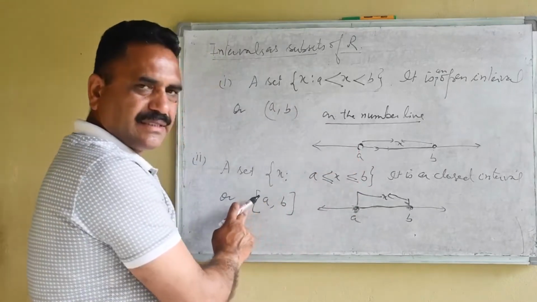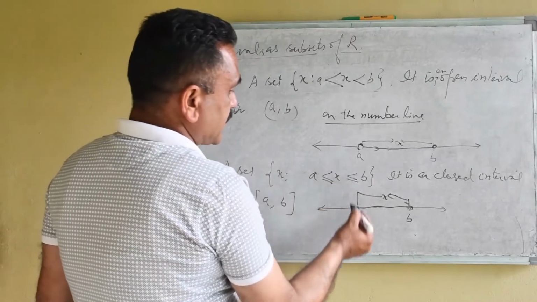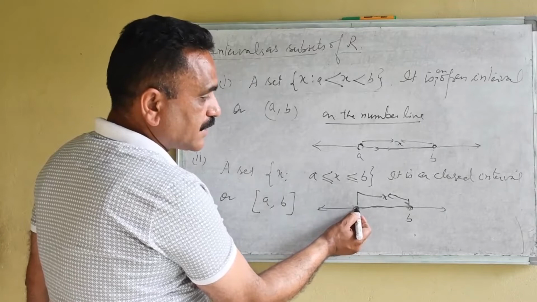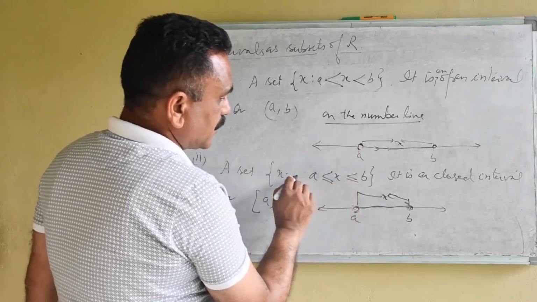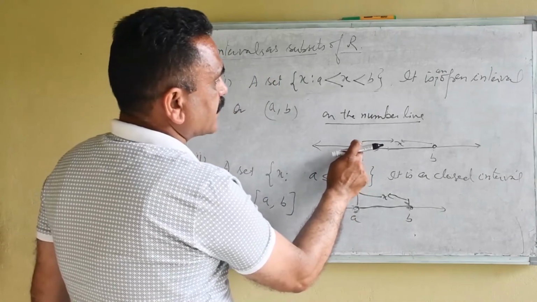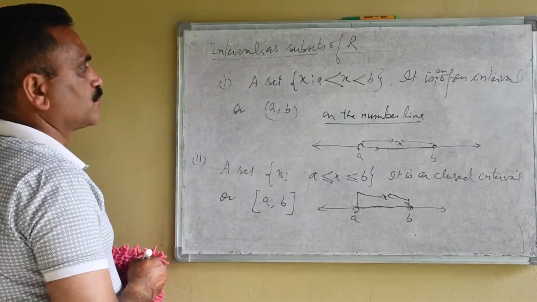But in this case, the limits are included. So remember, when the limits are included, meaning equal to is there, we darken the circle. And if there is no sign of equality, the circle will be an empty circle. So this is a closed interval.